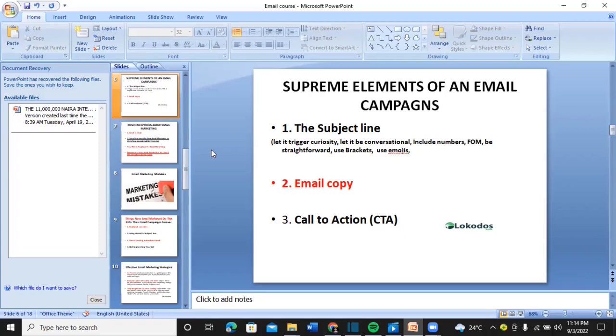Use power words and words that will trigger emotion. So those are the three major elements of every successful email campaign. And without them, you are going to miss a lot. Now, use all these to your advantage.